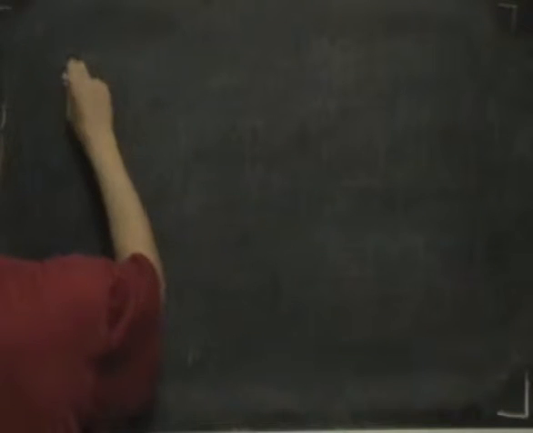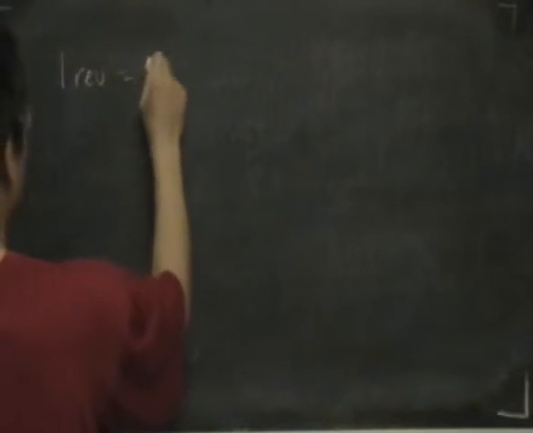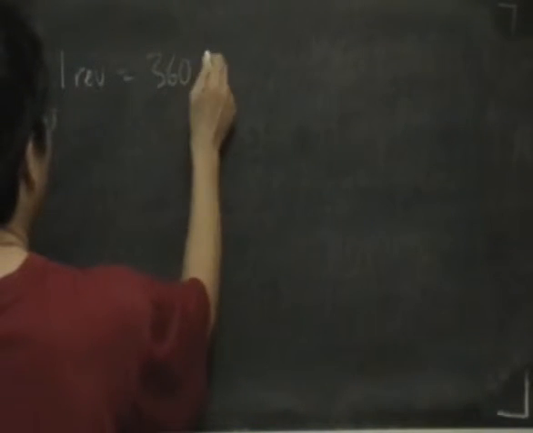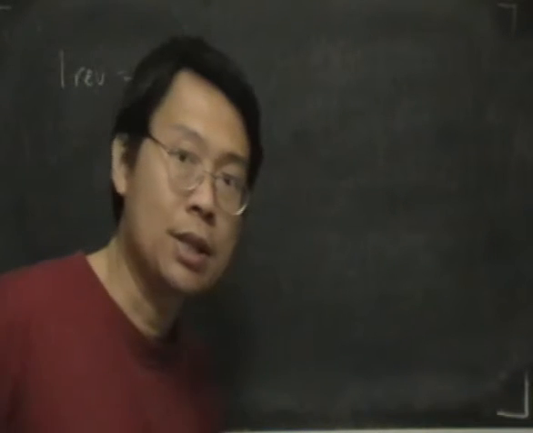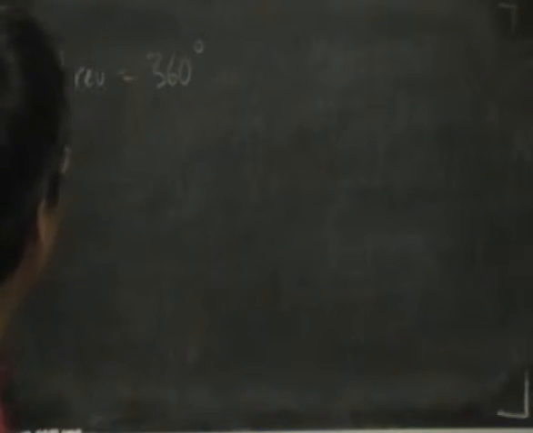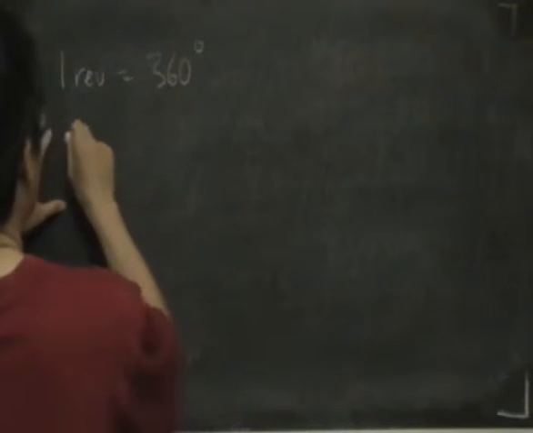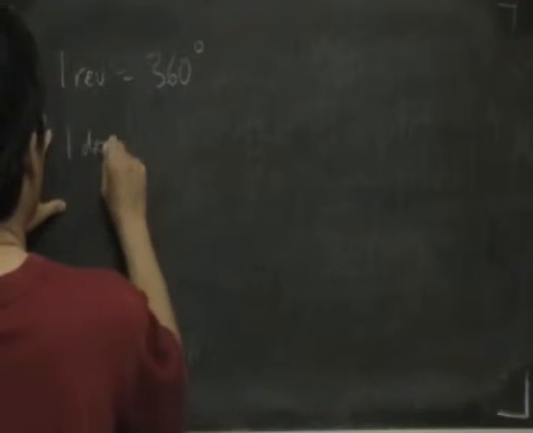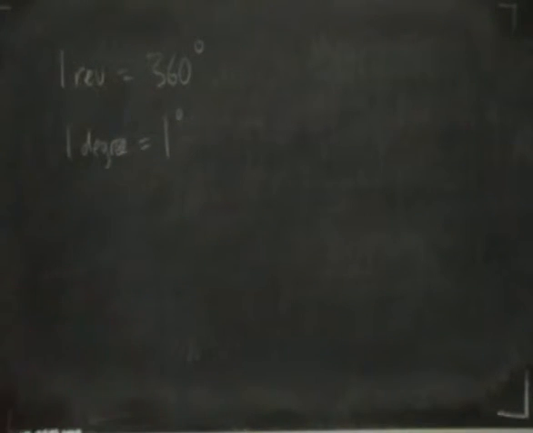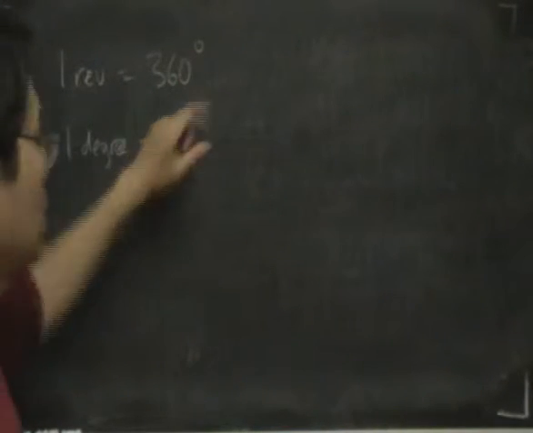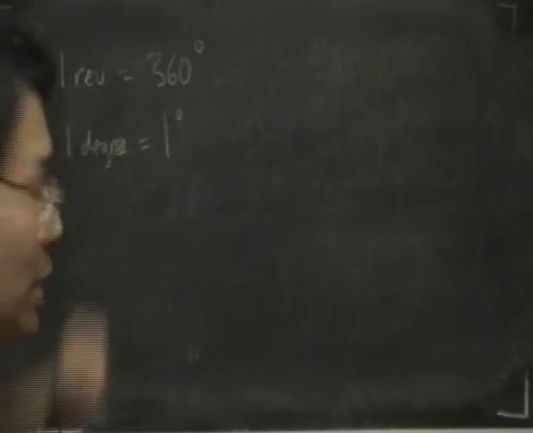We have 1 revolution is equal to 360 degrees. And degree is represented by the little circle up there. So that's the unit for 1 degree. 1 degree is 1 with a little circle. So degree is a unit.